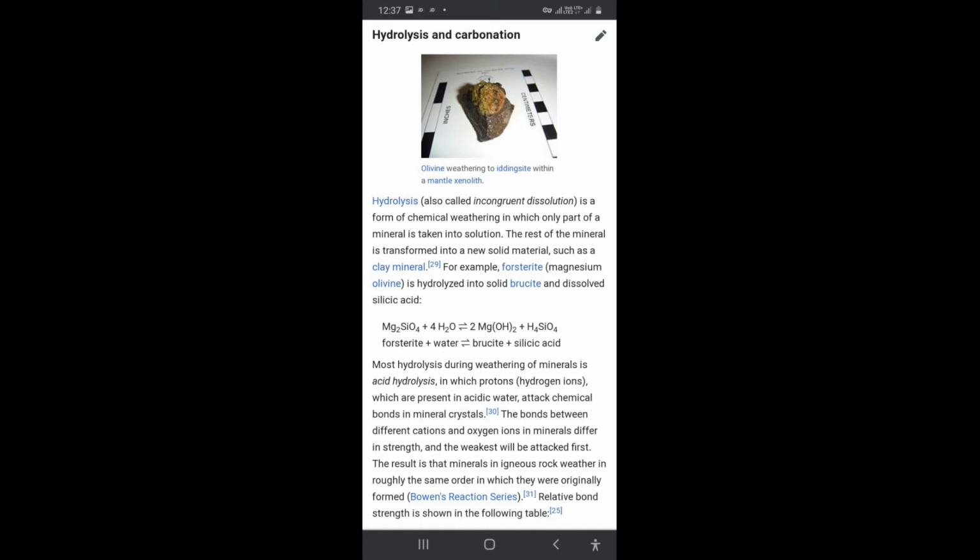Next is reduction. A reduction reaction is an addition of electrons, or a decrease of positive charge, or it can be termed a removal of oxygen. Usually oxygen can be removed from a compound or a mineral when it is reacted with carbon or carbonaceous materials.